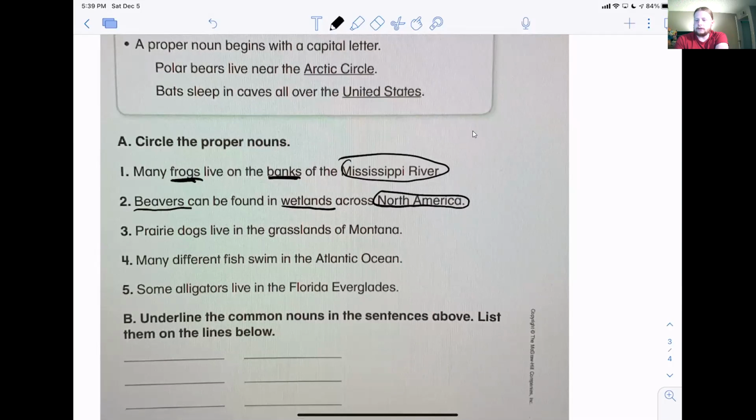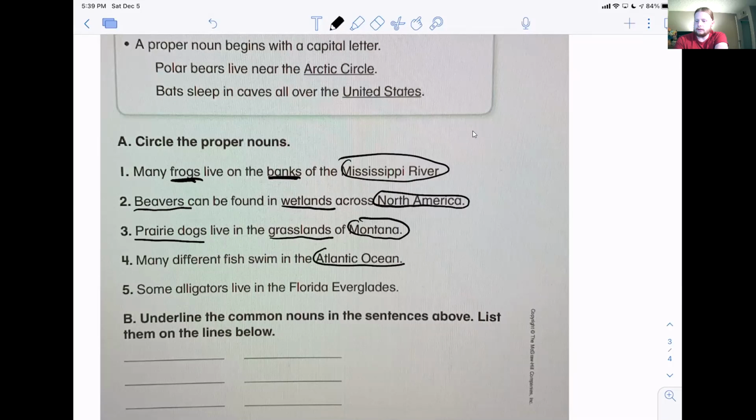Prairie dogs live in the grasslands of Montana. All right, Montana is a specific state in the United States, while prairie dogs are animals and grasslands are locations where the prairie dogs can be. Many different fish swim in the Atlantic Ocean.